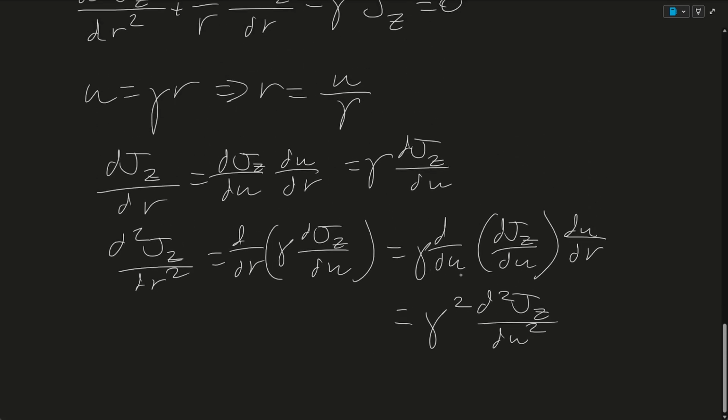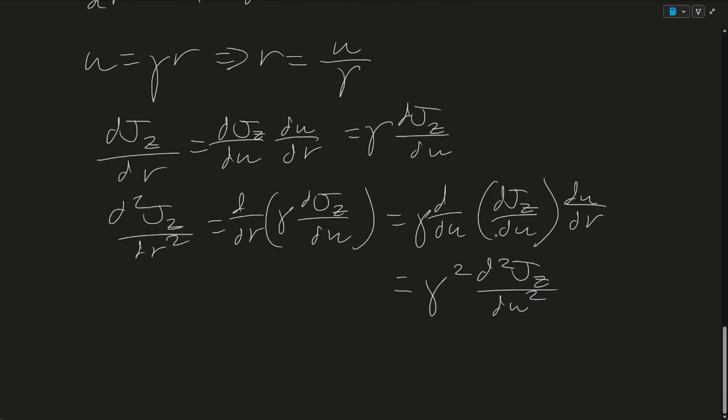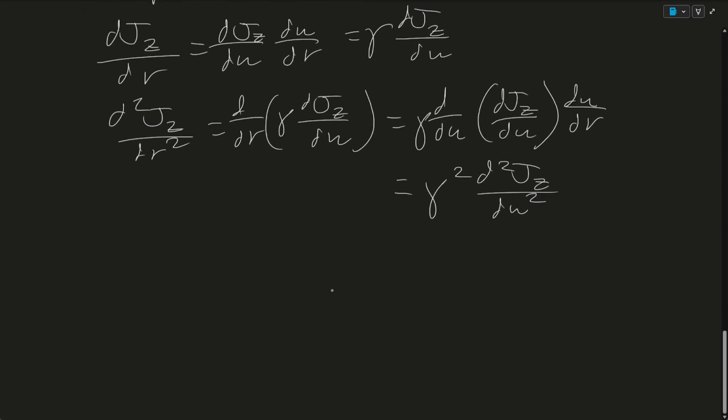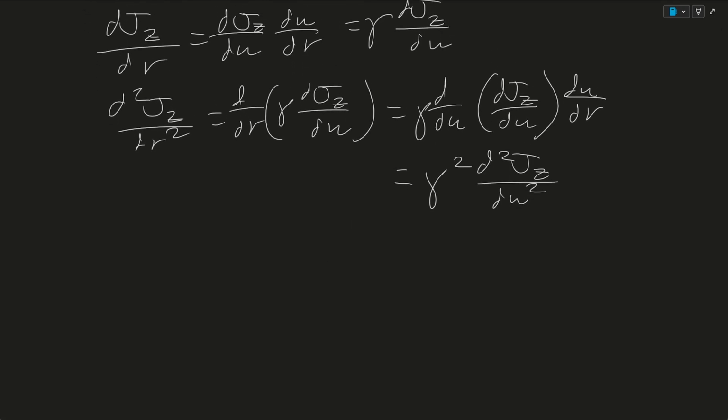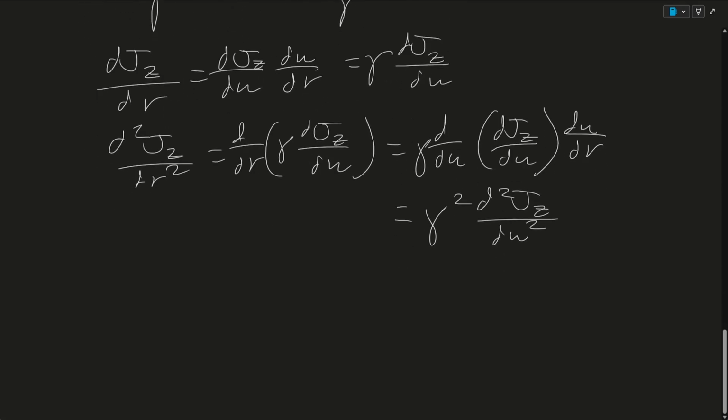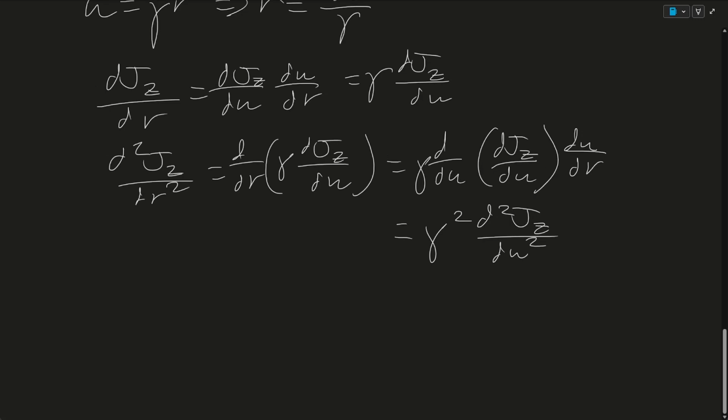Because of course we know what that is. Right. Nice. We can sub this back into our not so nice equation to get a slightly more obvious one. d squared Jz over du squared plus... I forgot gamma.